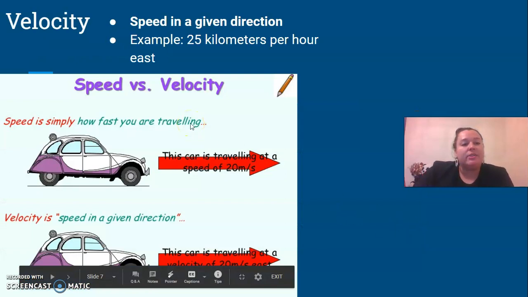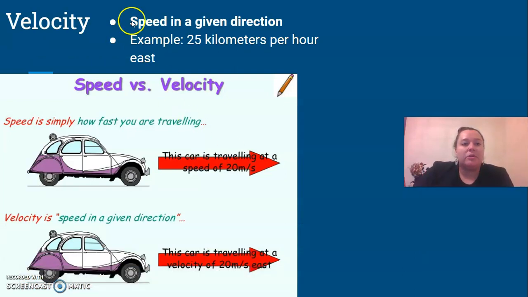All right, so another thing we could look at for motion, we could look at something called velocity. Velocity is still your speed, but it is in a given direction. So for example, this car is traveling 25 kilometers per hour east. Whenever you add the direction, now we are given as velocity.